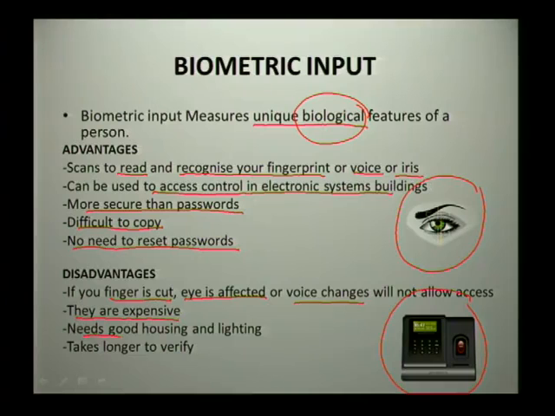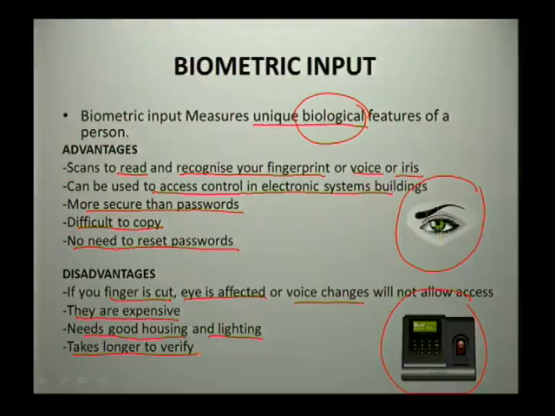It needs good housing as well as lighting. It means the actual device where this is built has to be in good condition, and it has to be better hardware, or good hardware that can handle this feature. It takes longer to verify, so it's not as easy as just quickly typing your password.